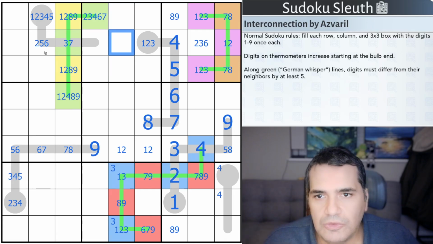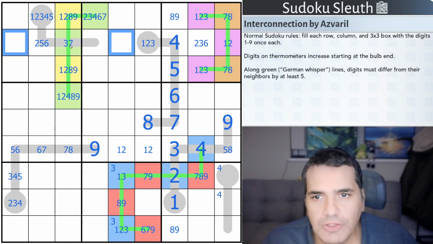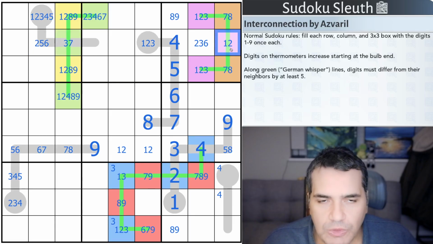And then 9 is in one of these two cells. I mean, so if it is low, 3, 2, 1, that obviously wouldn't be low, it would have to be high.